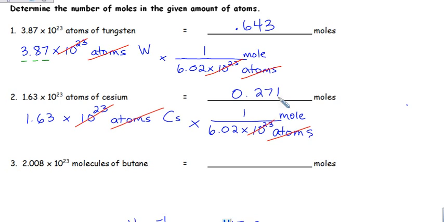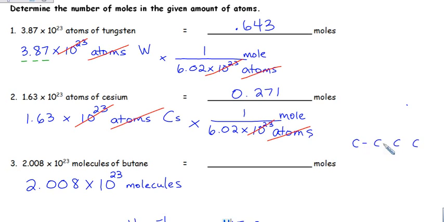You can do the exact same thing with compounds. This is great. 2.008 times 10 to the 23rd molecules of butane. And so again, you might kind of remember but-, the prefix for 4 carbons. Ane means they're single bonded.